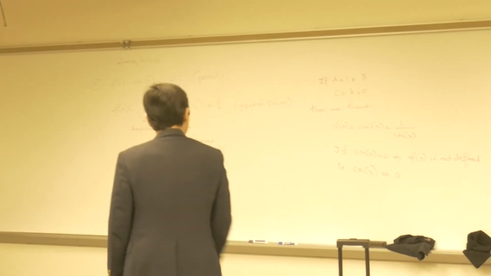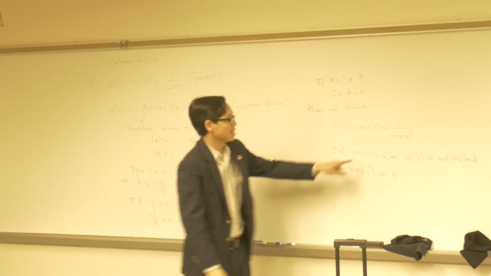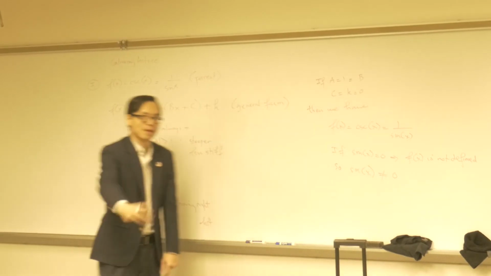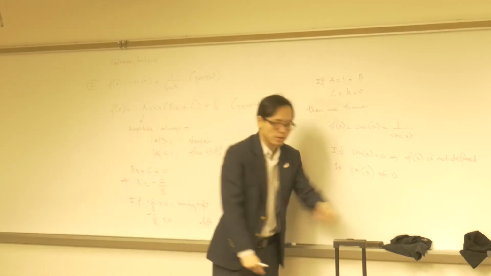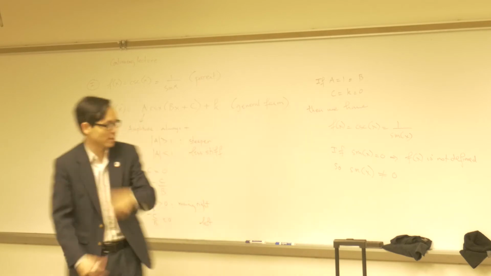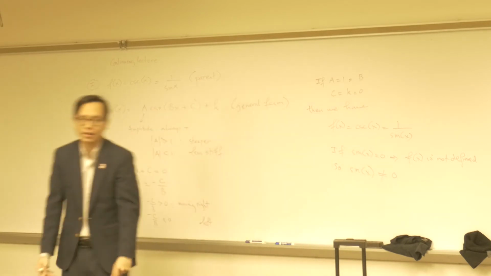So this is the same thing, okay? Actually, I never say set the denominator equal to 0, like most instructors say. I always say set the denominator not equal to 0, because we cannot set it equal to 0. If it equals 0, then it's not defined.